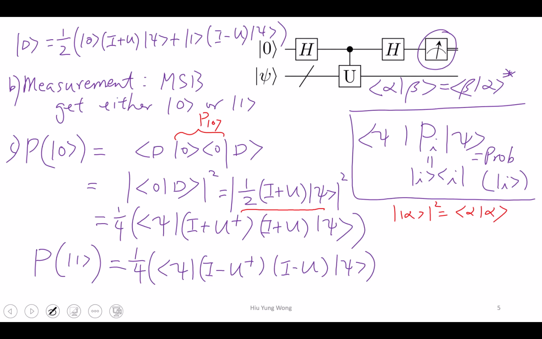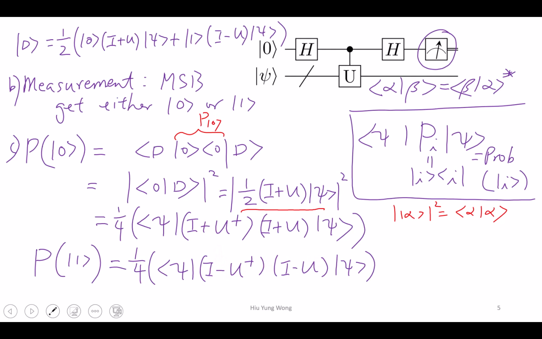So the bra version of this one, of course, is this bra side, and then you put the operator on the right, but take the adjoint matrix. Not Hermitian, I mean the adjoint matrix. So you put the dagger here, and then for 1, you also have 1 minus u. So that's why everything is the same, except it is I minus u in this case.